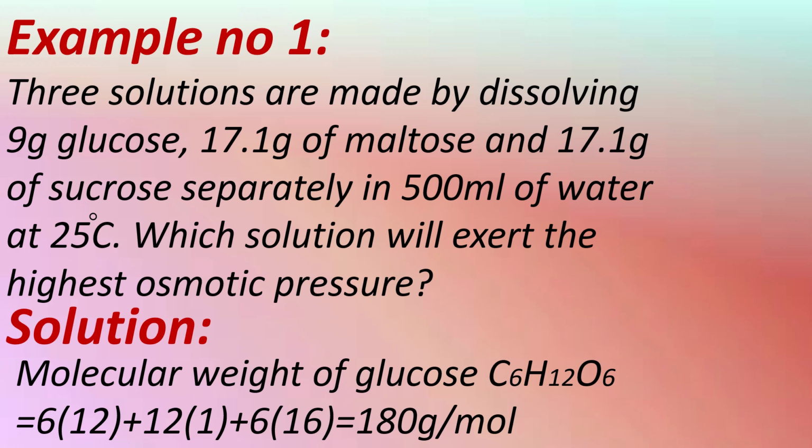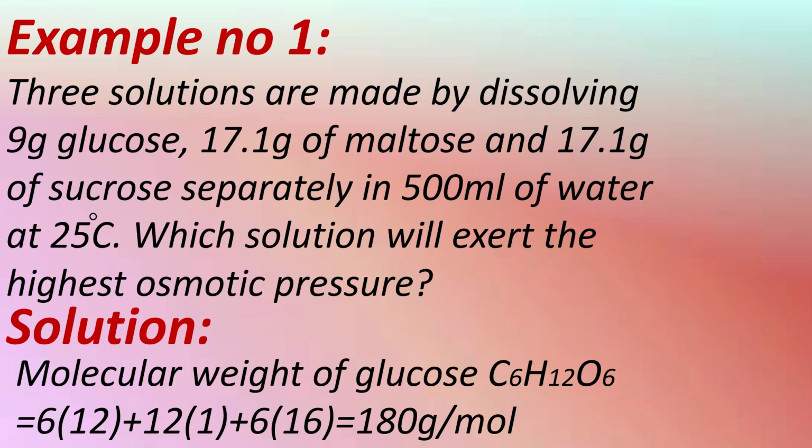Second solution contains 17.1 gram maltose in 500 ml of water. And third solution contains 17.1 gram sucrose in 500 ml of water. The amount of water is same in the three solutions. Temperature is also same in the three solutions. Now we have to find which solution will exert the highest osmotic pressure.